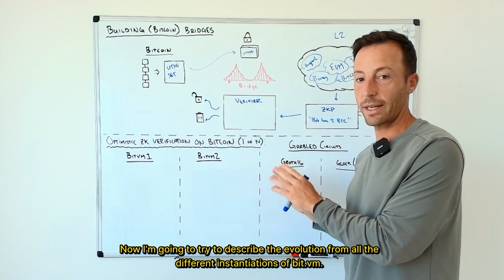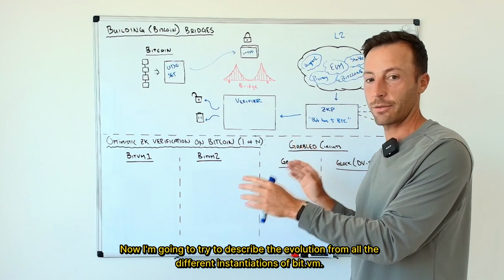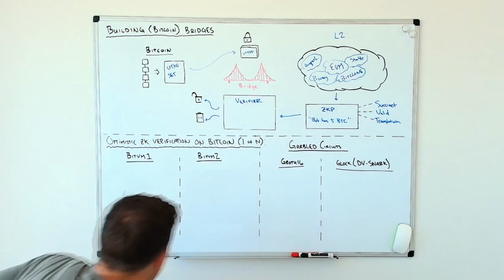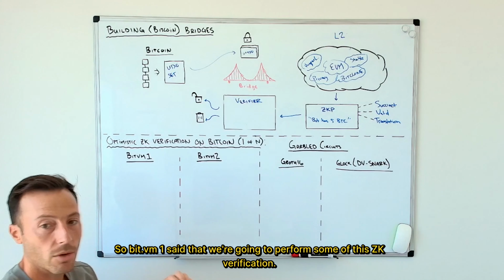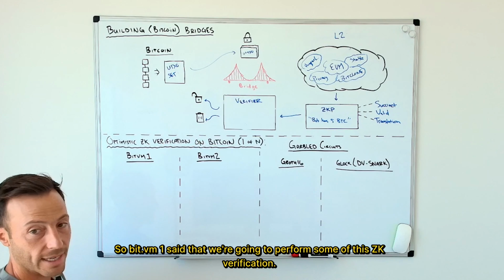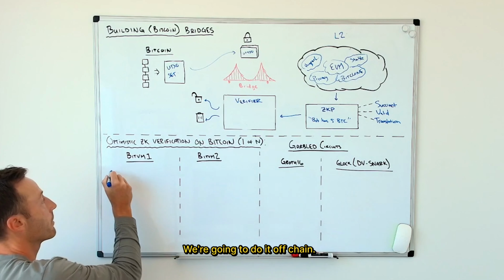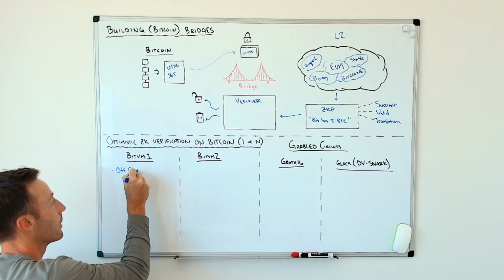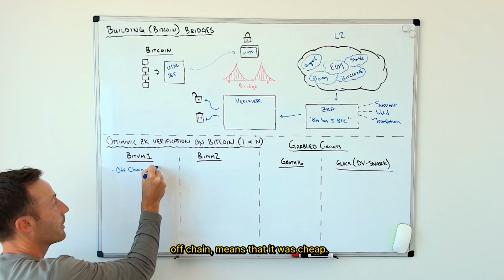Now I'm going to try to describe the evolution from all the different instantiations of BitVM. Okay, so BitVM 1 said that we're going to perform some of this ZK verification off chain, which means that it was cheap.